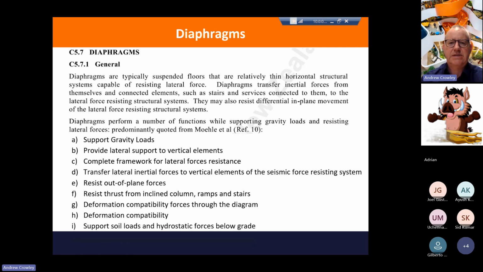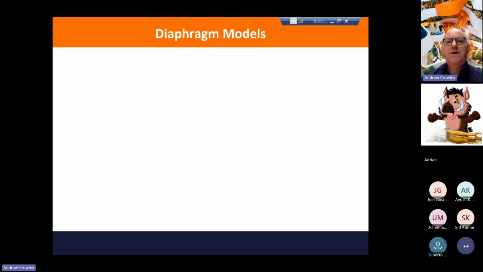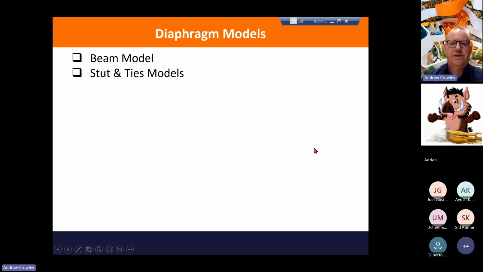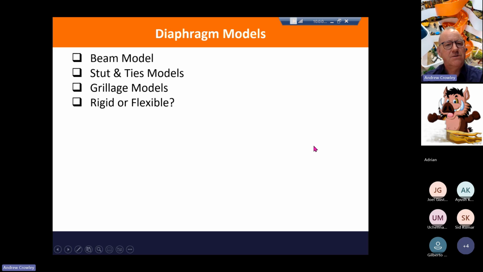And finally, if you've got a diaphragm below the ground, they'll be responsible for transferring the hydrostatic and soil loads to the resisting system. There's a number of ways of modelling diaphragms. The simplest, of course, is a beam model, and we'll look at strut and tie models. You can go on to grillage models. But you may need to think about whether your diaphragm is rigid or whether it's flexible, which makes a difference as to how your load is transferred and how your load is shared between the walls underneath.